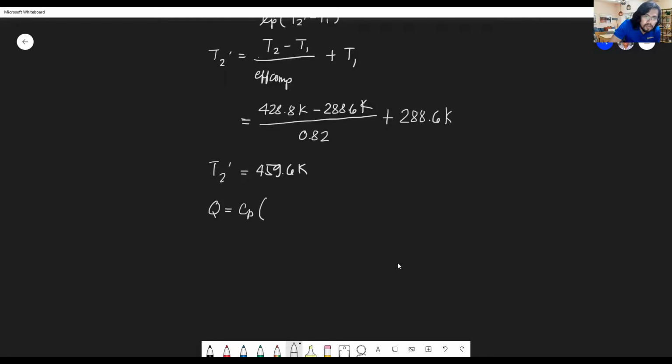So the change in the temperature is due to the heat addition. So T3 prime minus T2 prime, okay, and you want this value or variable. So we can simply reconfigure this to get T3 prime, and we have Q over CP plus T2 prime.